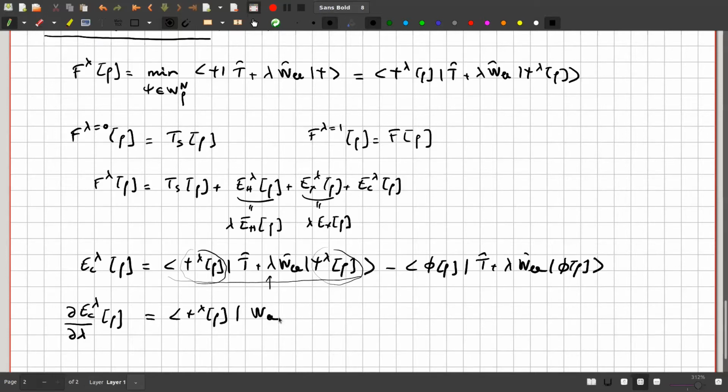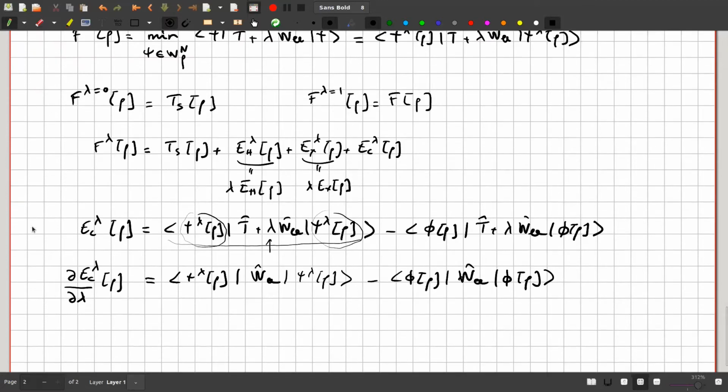Okay, that's because the derivative of T is of course 0, and the derivative of lambda WEE is just WEE. Okay, and here, well, here that's easy because phi does not depend on lambda, so we have simply phi of rho WEE phi of rho. Okay, and now I don't have the kinetic energy operator anymore.